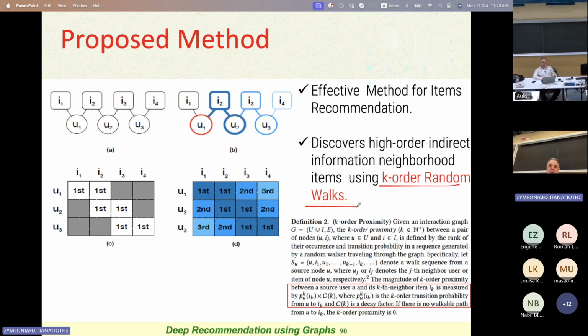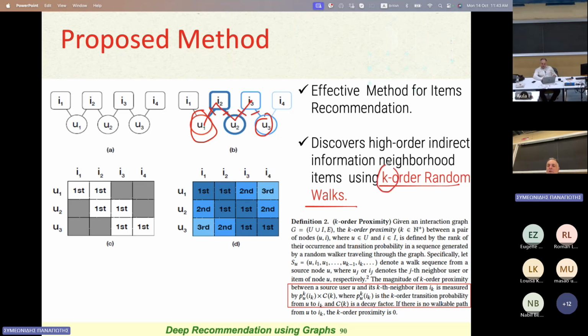So from one user, if you want to move 2 hops in distance, you have to go to another item, another user, another item, actually, and another user again. So this is the 2 hop distance. 1 hop, 2 hops, 3 hops, 4 hops distance.